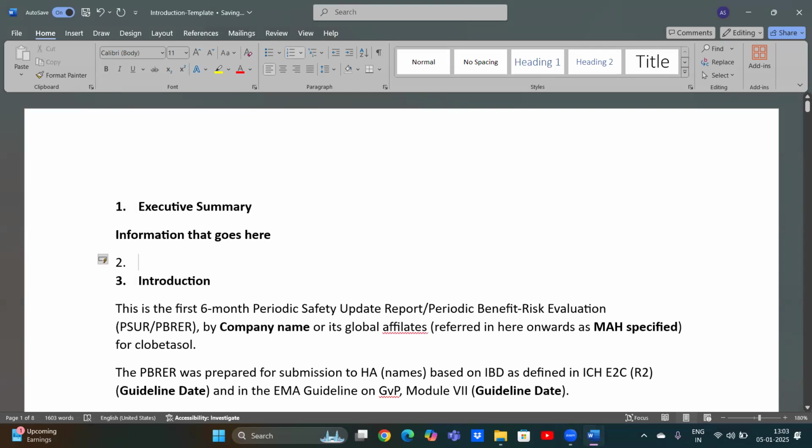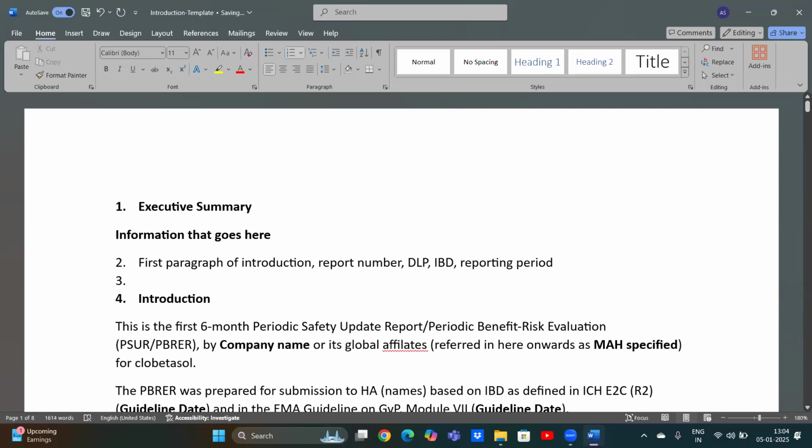You will write the first paragraph of your introduction, like a report number, DLP, IBD, reporting period, whatever you write in the first and second paragraph of your introduction.